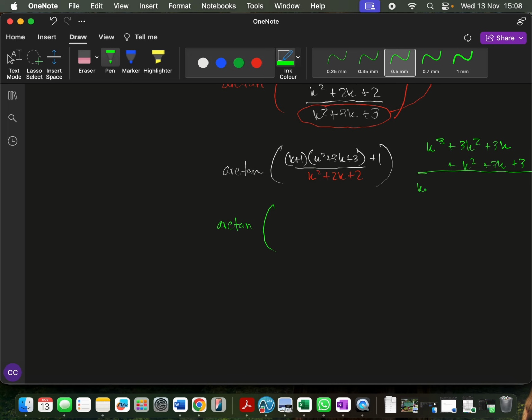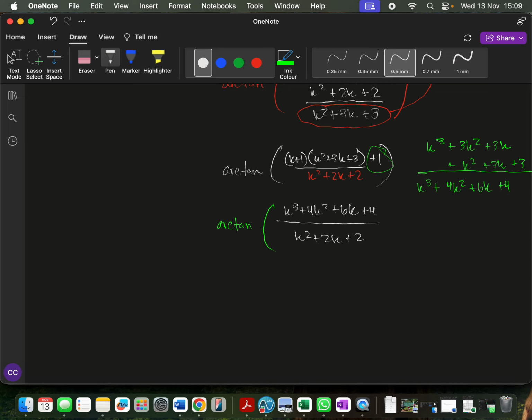All of that turns into k cubed plus 4k squared plus 6k plus 3, but then I also have to add 1, so plus 4. Okay, writing that out: k cubed plus 4k squared plus 6k plus 4 all over k squared plus 2k plus 2.